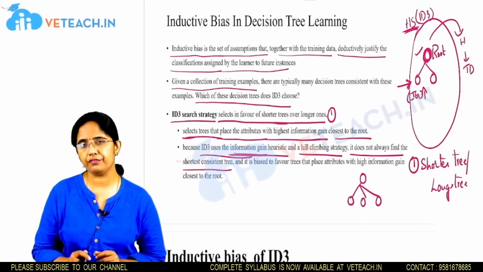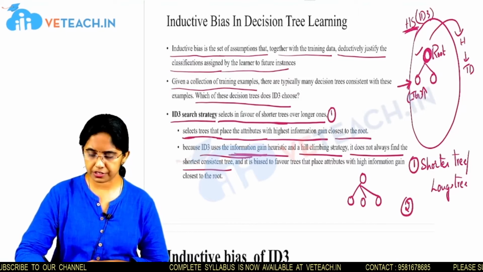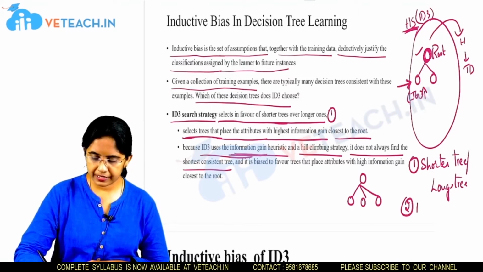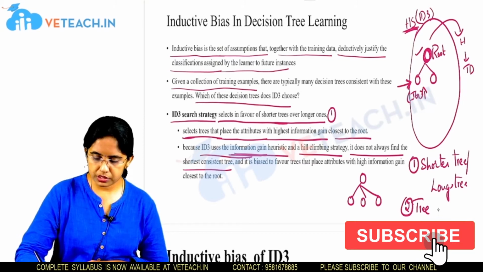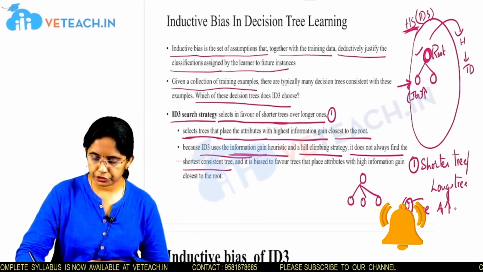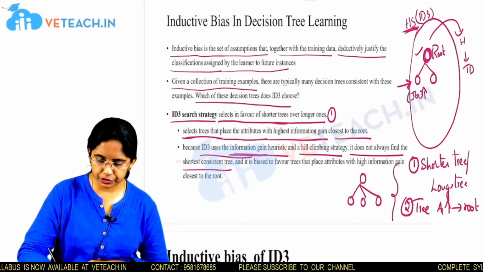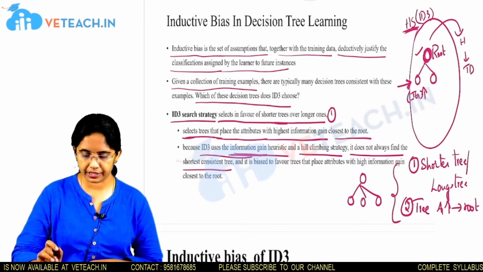One assumption is finding the shortest tree, and the other is considering a tree whose attributes with high information gain are nearer to the root. These are the two assumptions that we consider while constructing a decision tree.